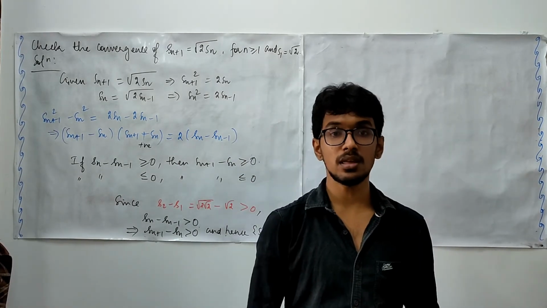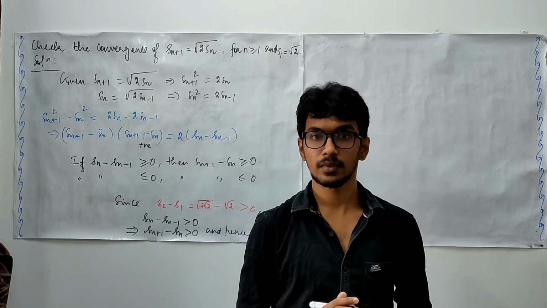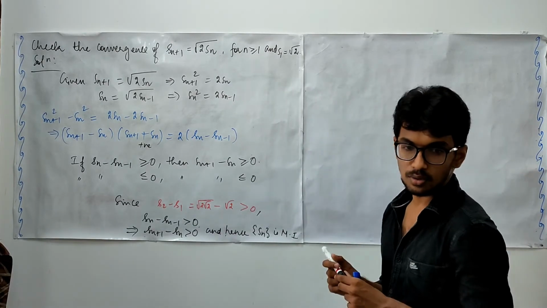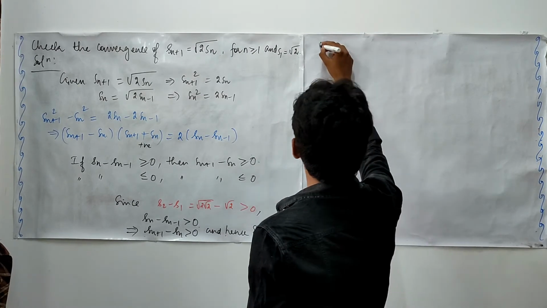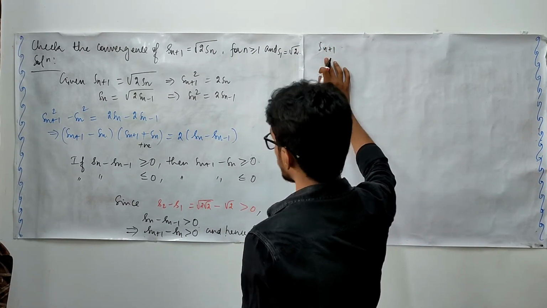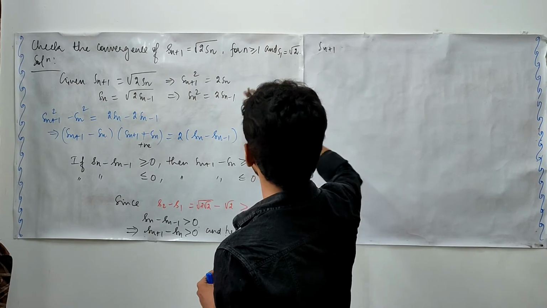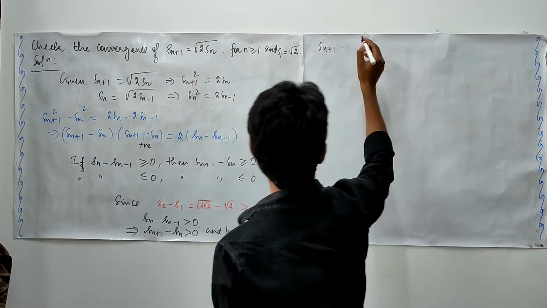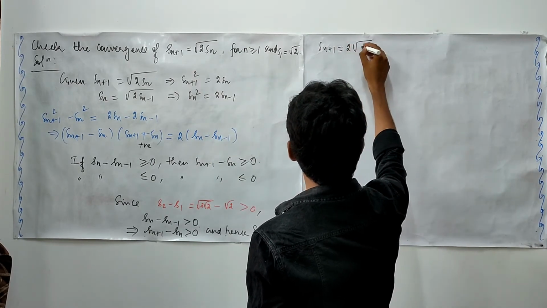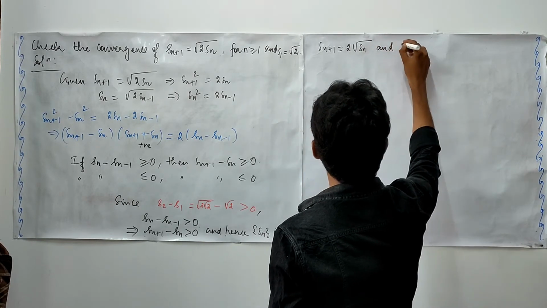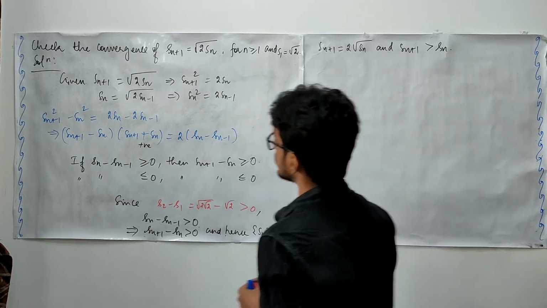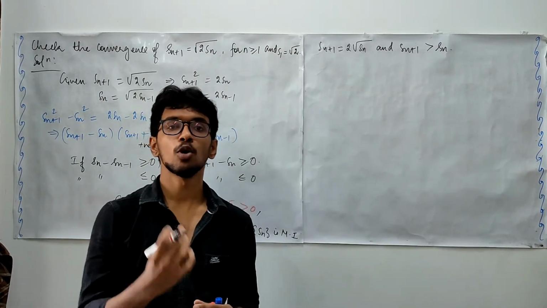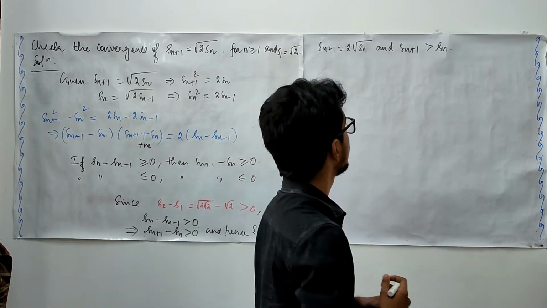Now we will have to check the boundedness, right? So for which let us consider this one. We know that Sn plus 1 is what? Sn plus 1 is under root 2 times of Sn, and we know that Sn plus 1 is bigger than Sn since we have proved it is a monotonically increasing sequence, right?